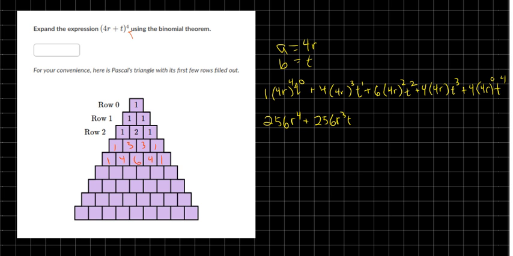R cubed T. R squared is 16 times 6 is 96. R squared T squared. 16 R T cubed plus this is 1 there, so I'm going to need 4T to the 4th. And there's our answer, and if we type that in up over here, we should get it right.